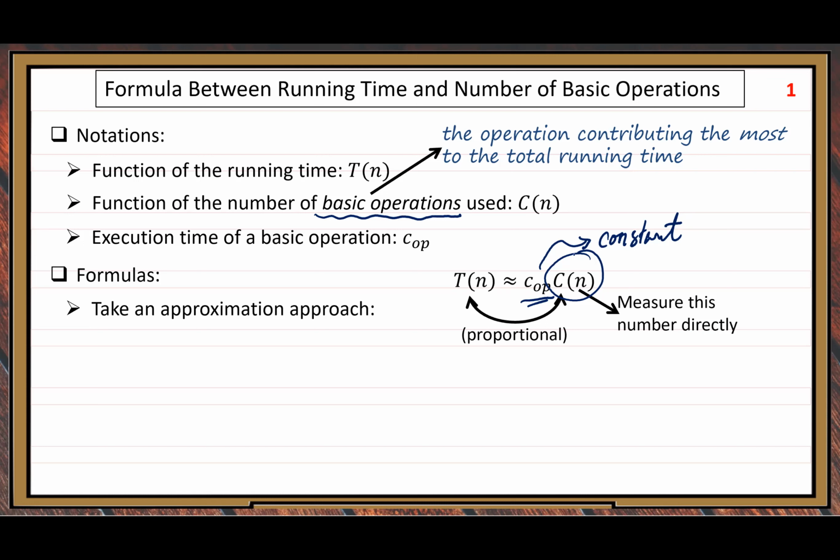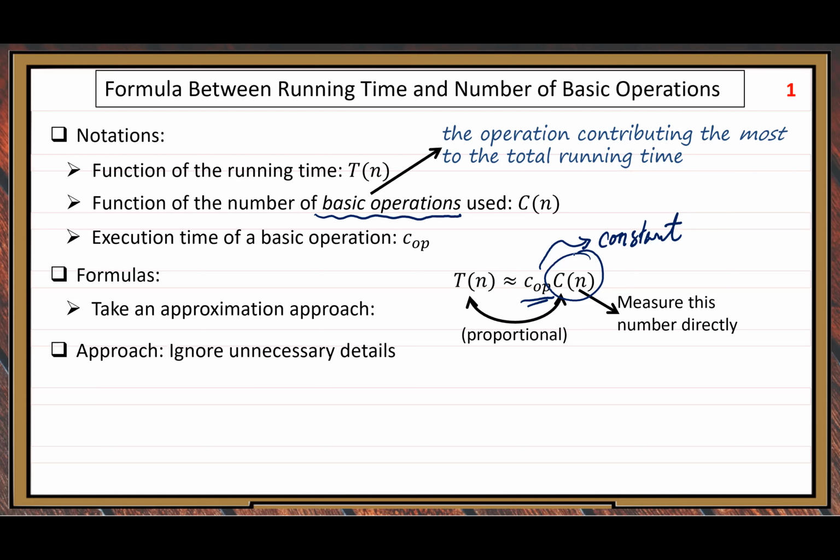So at least C of n is closely related to T of n. That's the first conclusion we get by observing this approximation formula.